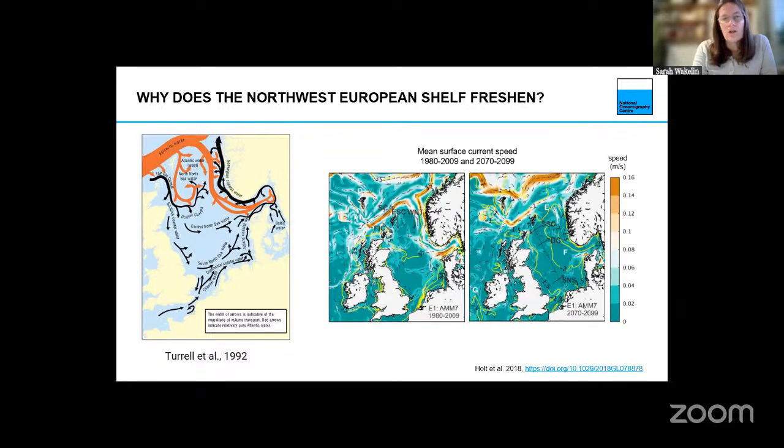If we look at what happened in our model simulation, on the left is the recent past and on the right is the end of the century. You can see that in these regions, the inflow into the North Sea has more or less stopped.